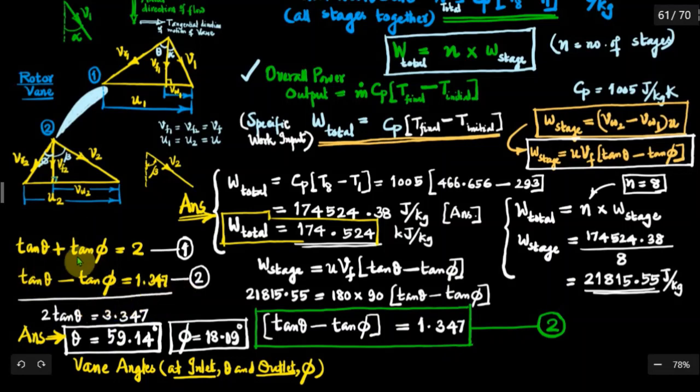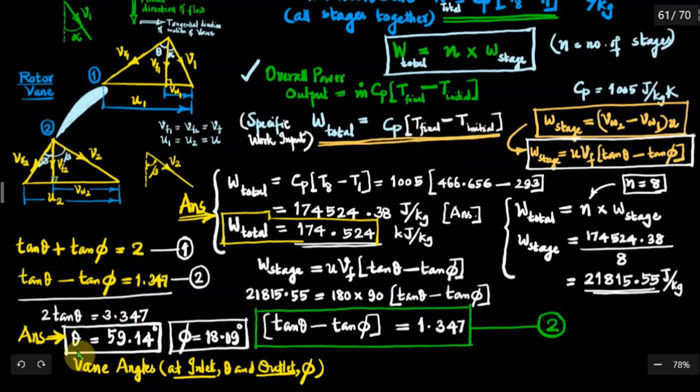Just like x plus y is equal to 2 and x minus y is equal to 1.347. Solve these two simultaneous equations and you will get tan theta. Adding these two, tan phi will cancel, you will get 2 tan theta is equal to 3.347, and from there you will get theta is equal to 59.14 degrees, and substituting the value of tan theta in any of these, you will get tan phi also, and then you can get the value for phi.